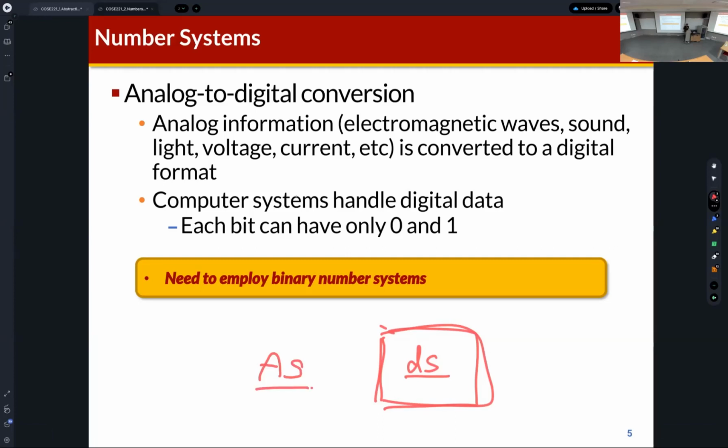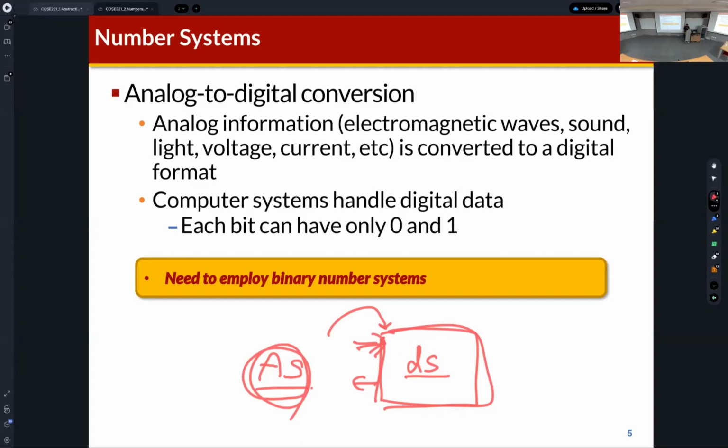The digital system receives some data from our outer world and then generates output using the input data, right? But as you know, this is the analog world, which means the analog signals need to be converted into digital signals.